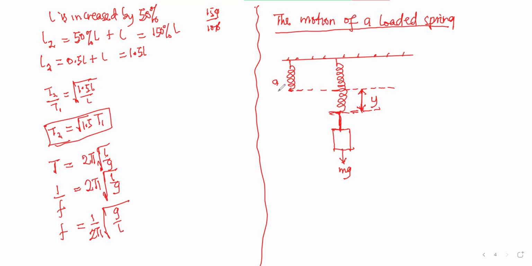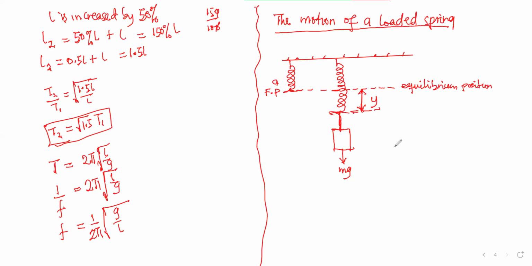So when there is no mass, this is the fixed point or the equilibrium position. The equilibrium position is what I've indicated with the broken line.